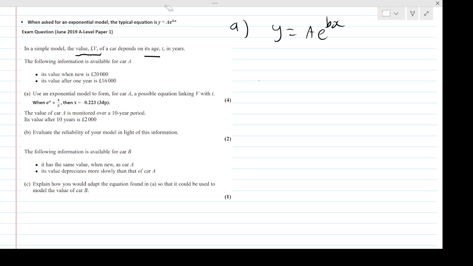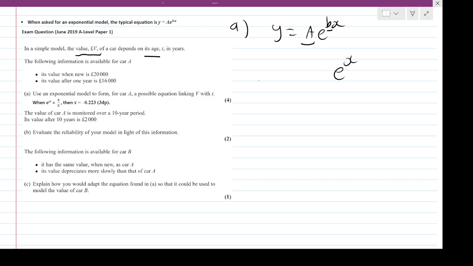And you have to make sure you put these unknown constants in. Okay, because if you just took e to the x, that's only one type of graph. But we need to account for the situation by adding these variables in, so a and b. So that's my general model, okay? But obviously we don't have y and x, we have v against t, so it's ae to the bt, okay?